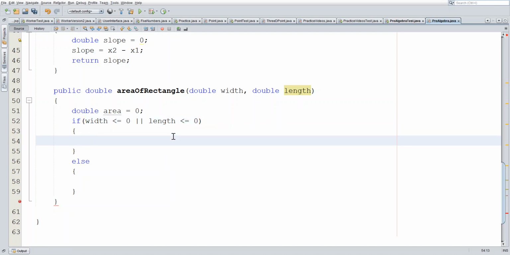Now what we need to tell the user is System.out.println, and we're going to say the width and height, or length, must be positive integer.